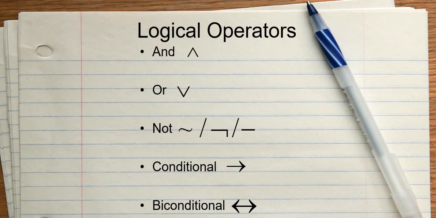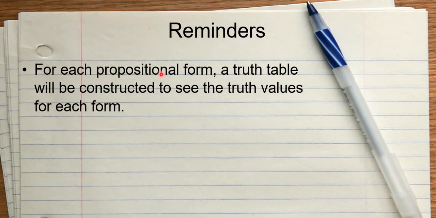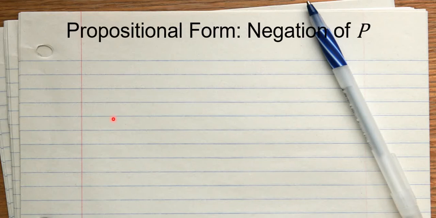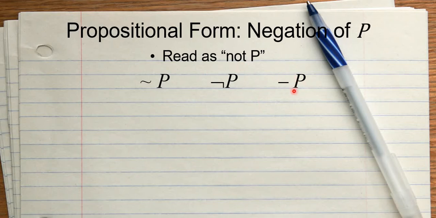Now, for each propositional form, a truth table will be constructed to see the truth values for each of these said forms. So let's look at the following propositional forms. The first one is the negation of P. So usually it is read as not P, written in the following ways, using this one, or this one, or this one.